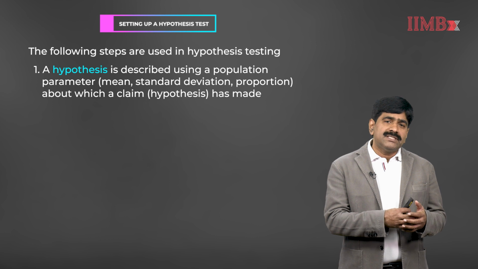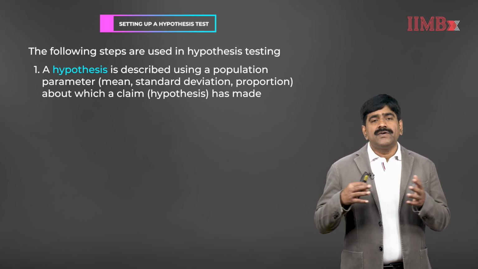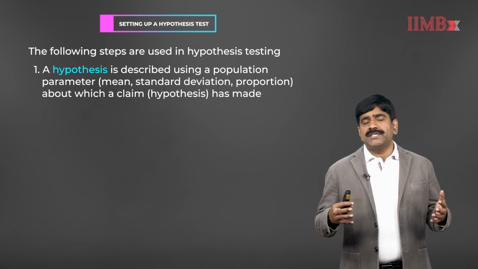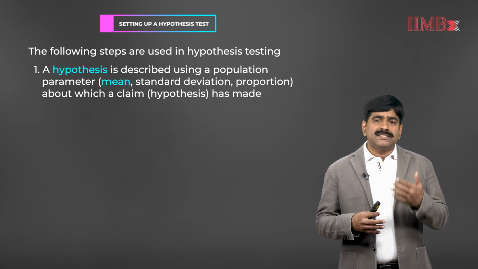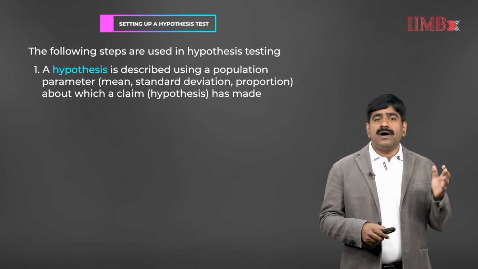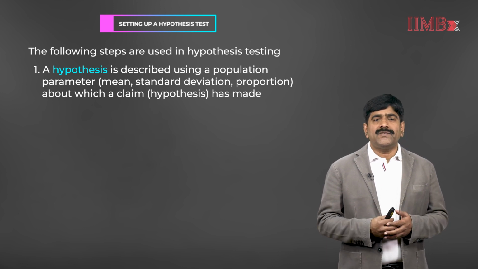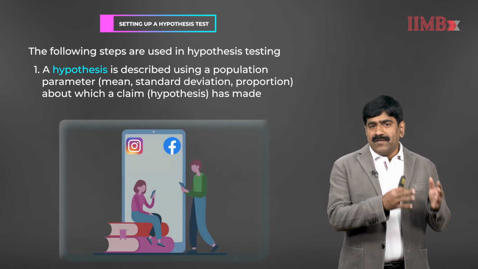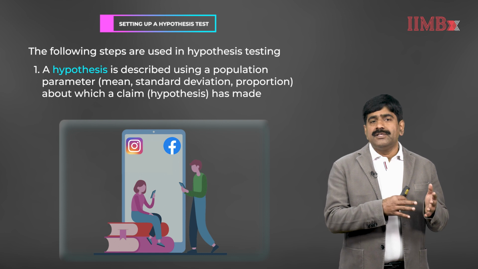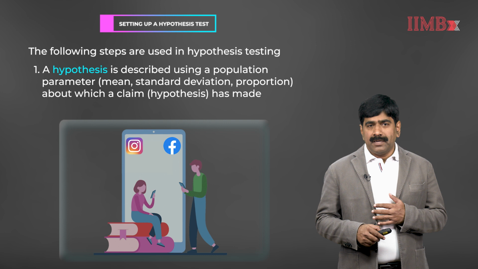A hypothesis is described using a population parameter in case of parametric testing, and the population parameters are mean, standard deviation, proportion and so on, about which a claim or hypothesis has been made. A few examples of hypothesis are: the average time spent by women using social media is greater than that spent by men.